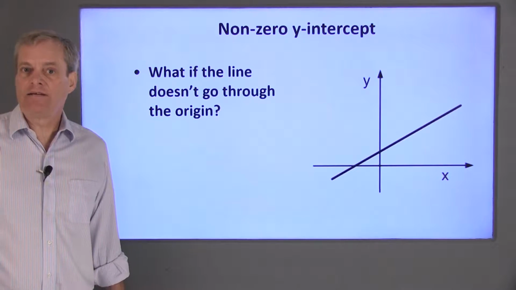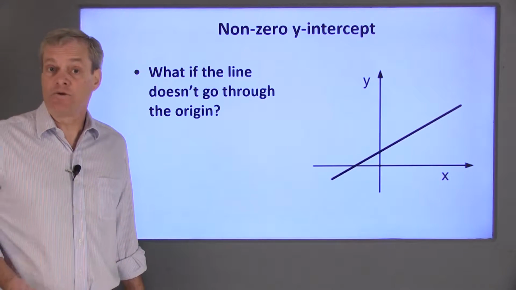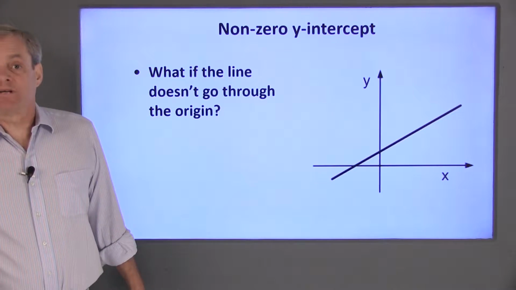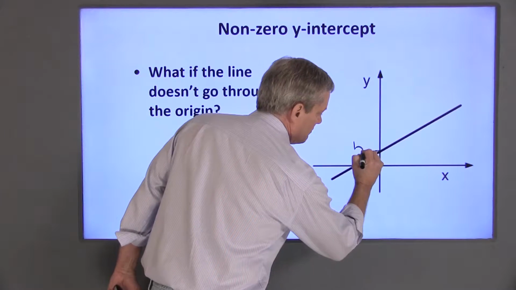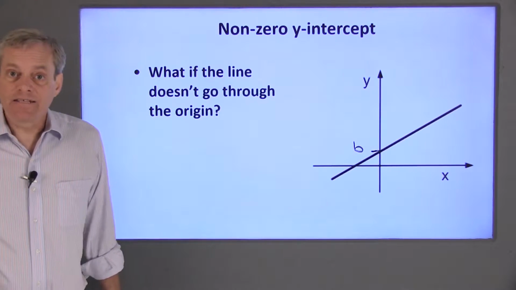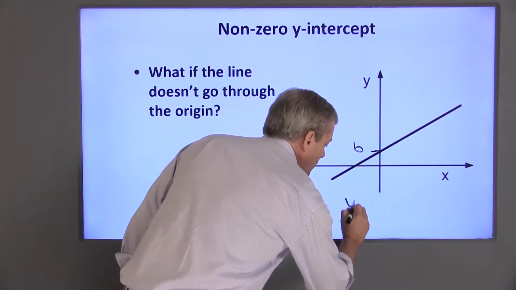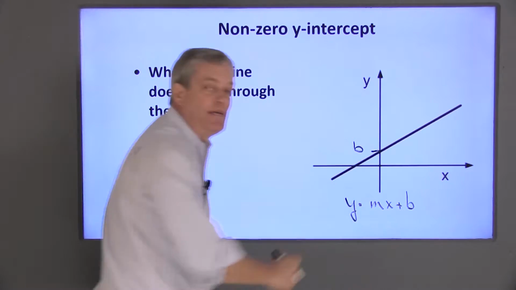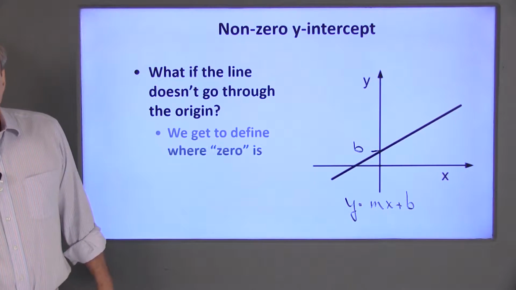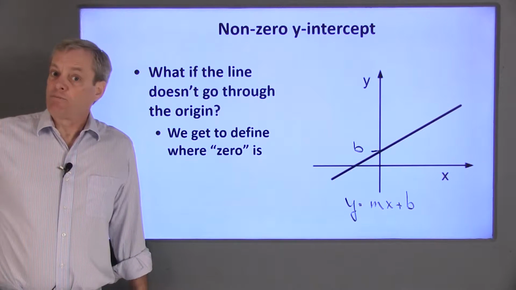Sometimes, however, the line describing the linear system doesn't go through the origin. For example, consider this line that has a y-intercept of b. In this case, the governing equation is y equals m times x plus b, where b is now not 0. The solution to this problem is pretty simple.